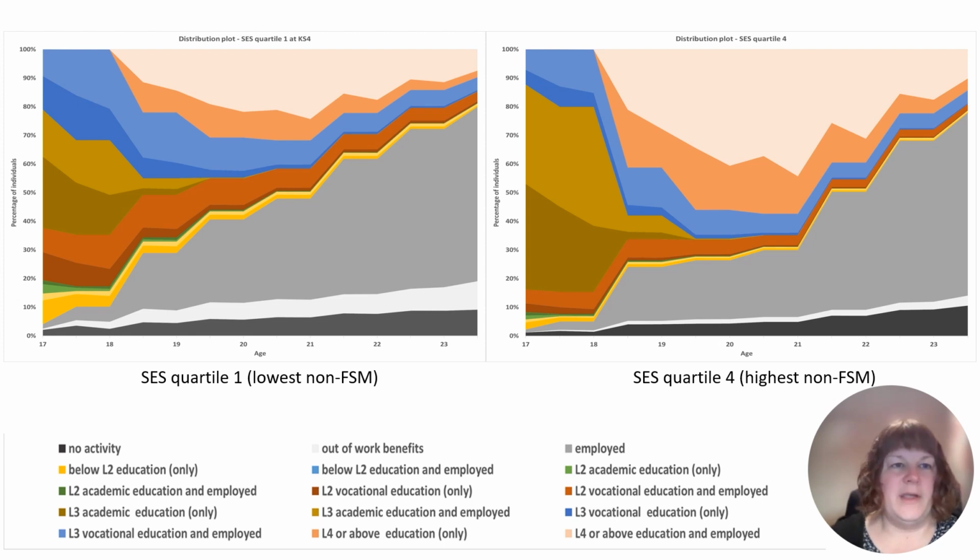Here we still have a reasonably sizable proportion of the population following that traditional academic route, but we've also got many more individuals going through vocational education routes, the darker browns and lighter blues at the top, and similarly moving into employment once they've completed those qualifications.